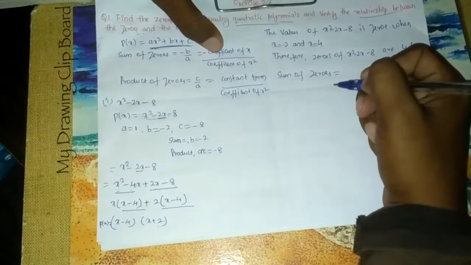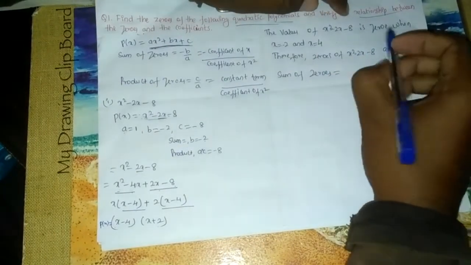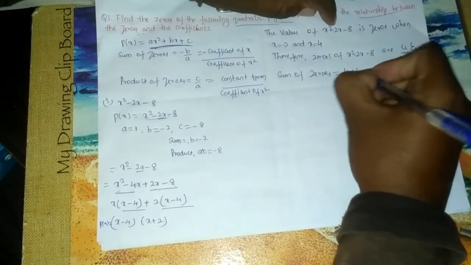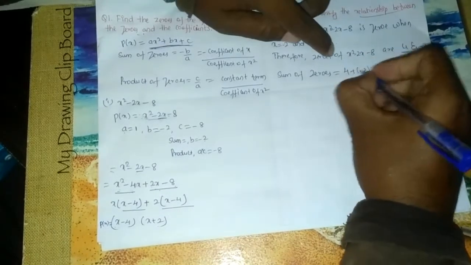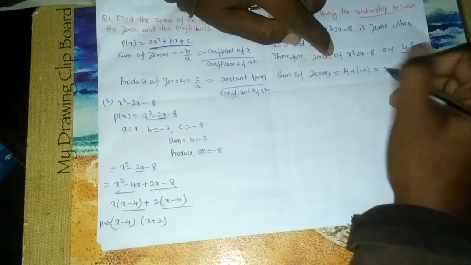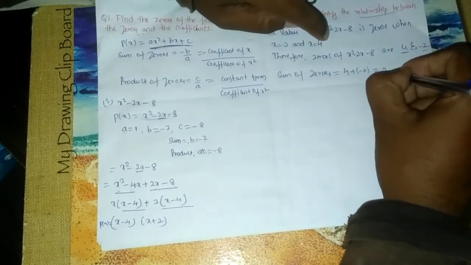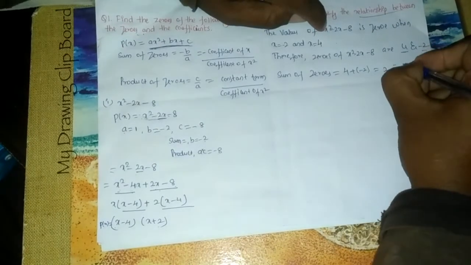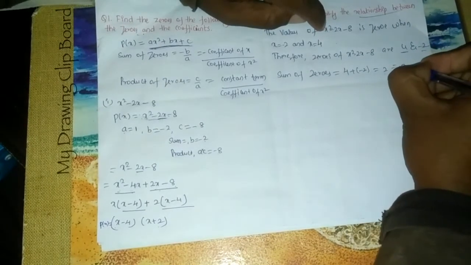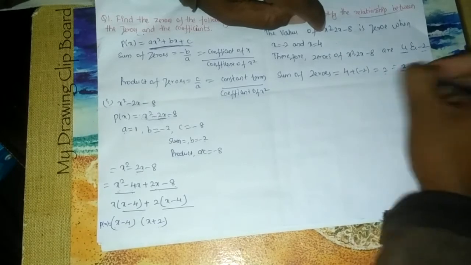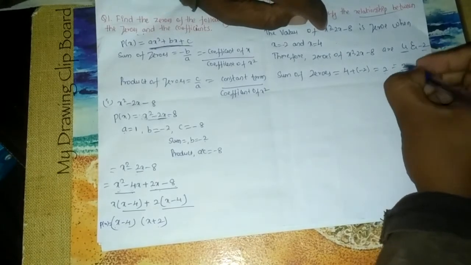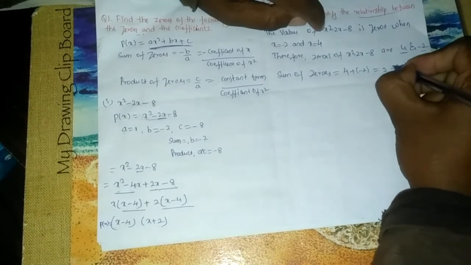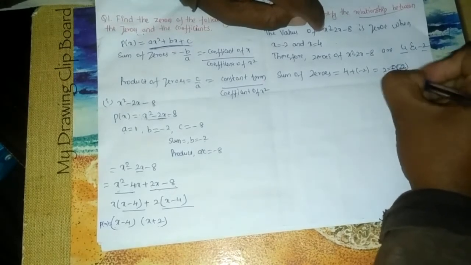The sum of zeros is equal to, we have 4 and minus 2, so adding, 4 plus minus 2 is 2, or in another way I can write this as 2 upon 1, or I can write minus 2 outside the bracket. But okay, let me write it down clearly.